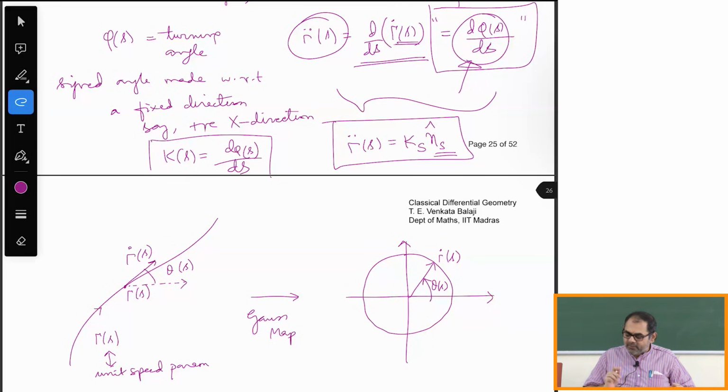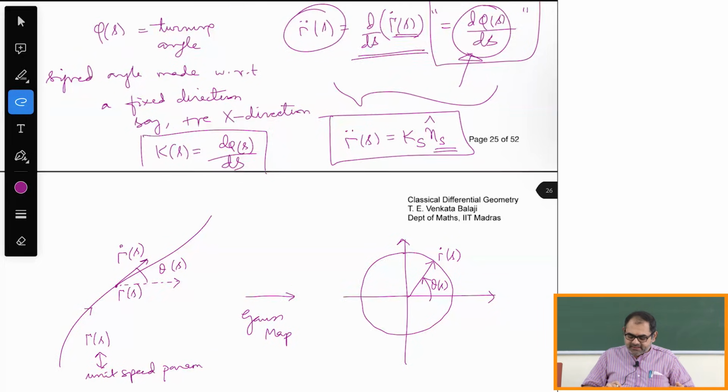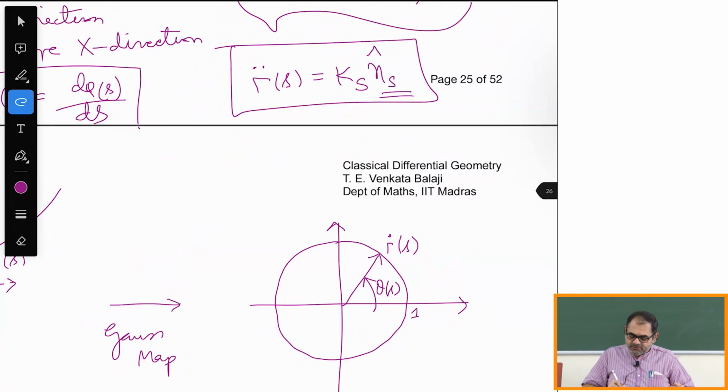Now see, look at this picture. This is of course a unit circle. Mind you, norm gamma dot is 1 because it's unit speed. This point has to be what? You should get cos theta s, sin theta s, because that is how you parameterize points on a circle.